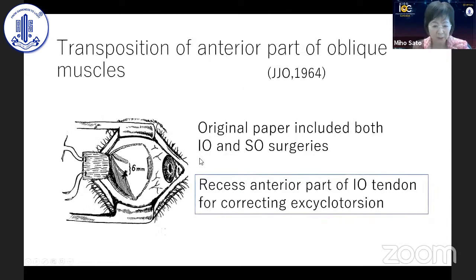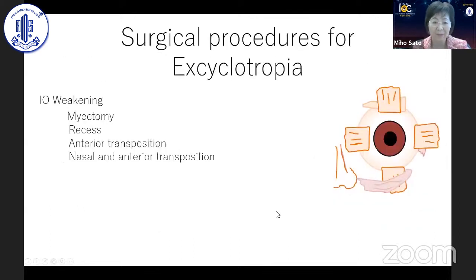Interestingly, in the original article, they published both inferior oblique and superior oblique surgeries. Recessing the anterior part of the inferior oblique tendon for correcting cyclotorsion was also published, but only the superior oblique tendon anteriorization became popular worldwide.